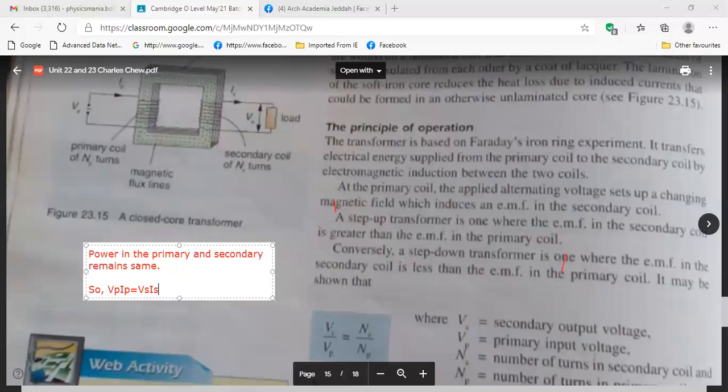And if you know this, then you can rearrange it according to your need, like VP by VS equals IS by IP.